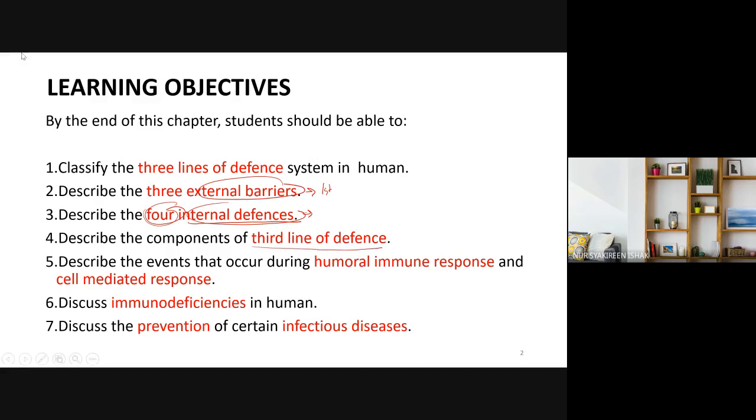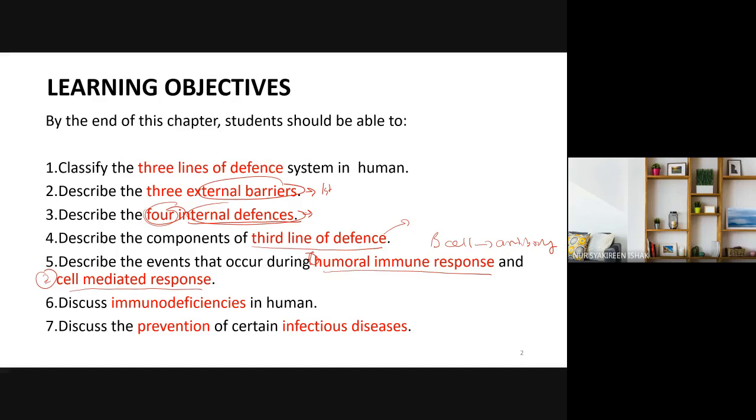So this third line defense is divided into 2, which is humoral immune response and cell-mediated immune response. Okay, so the third line defense will activate either of these 2. Okay, humoral or cell-mediated. So humoral, it involves the B cell. Okay, so the B cell will secrete antibody.